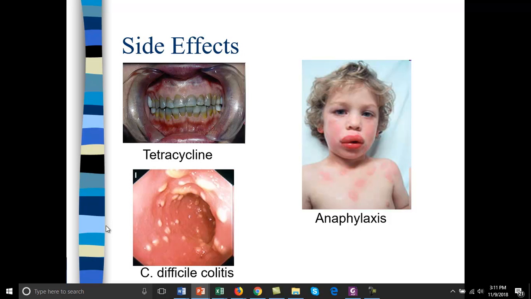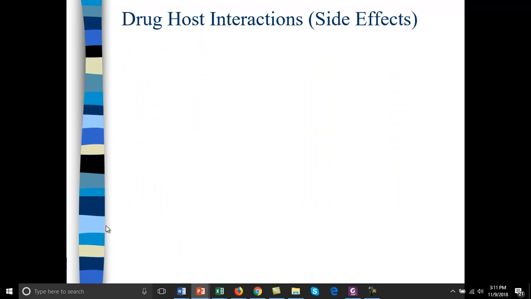And Clostridia difficile starts to raise up as you kill off the normal flora in the body. Then normal flora will fight off Clostridium difficile. But in this particular instance, if you give too many antibiotics, that kills off the normal flora, and then Clostridium difficile comes up. So if you ever hear in a hospital environment of a C. diff infection, it's just somebody that has been given too many antibiotics.